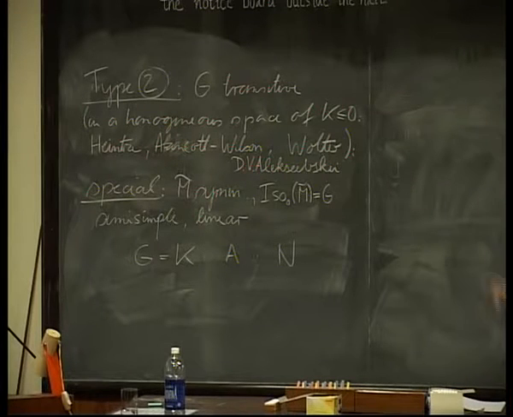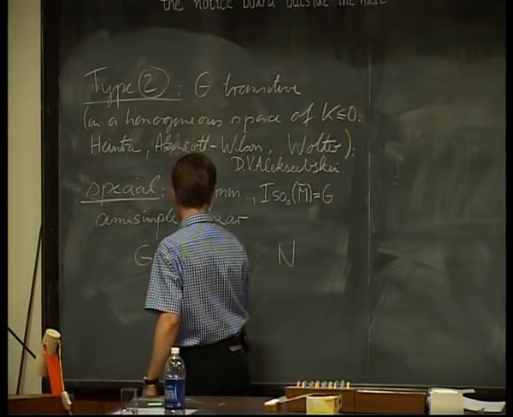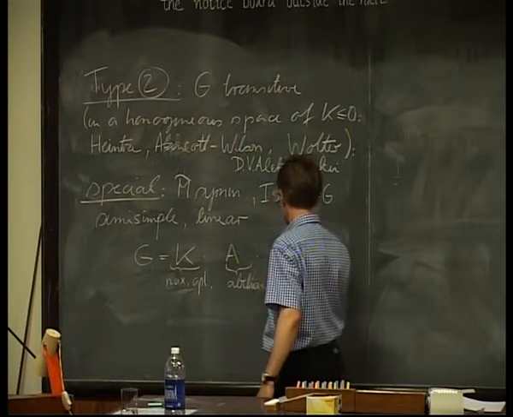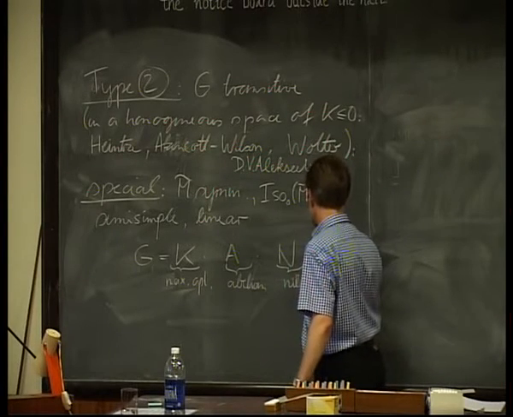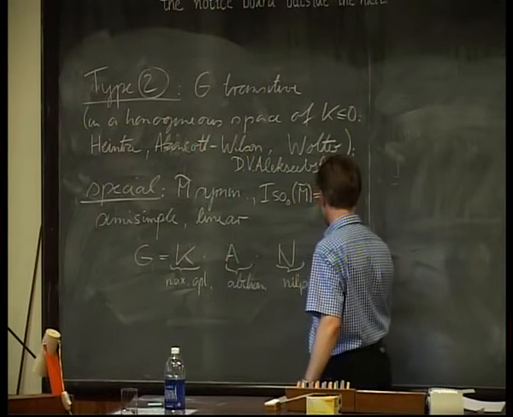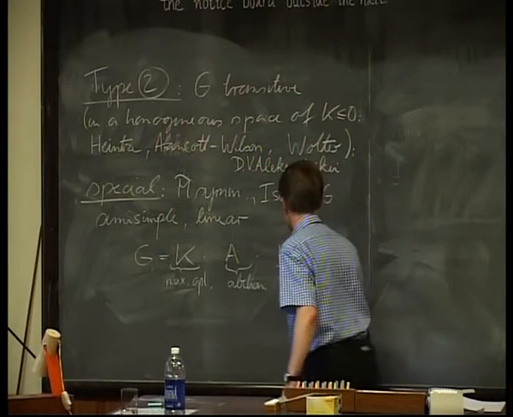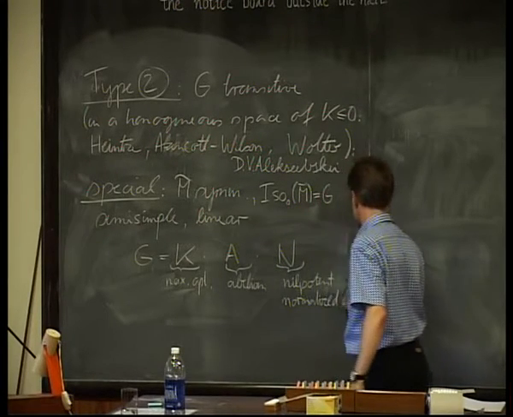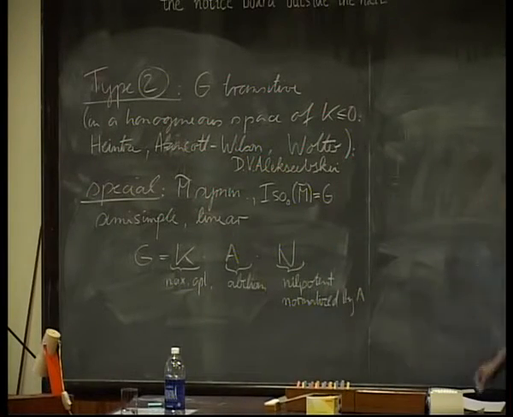Element-wise, the elements of G may be written as elements from three groups: a maximal compact subgroup, an abelian subgroup, and a group which is named N for two reasons. On the one hand, it's nilpotent, and on the other hand, it's normalized by A, which tells us that the set of pairs A times N is again a group.